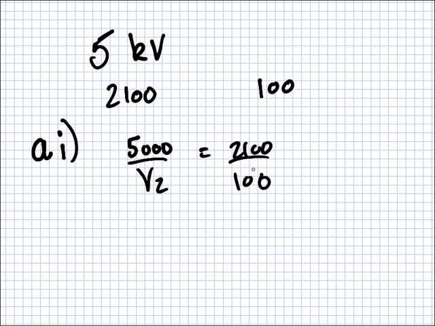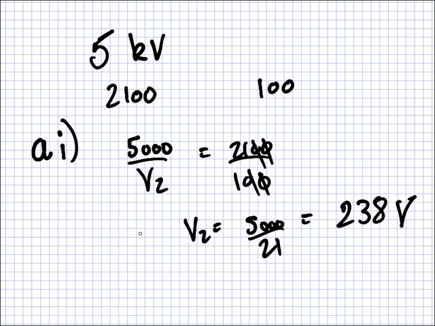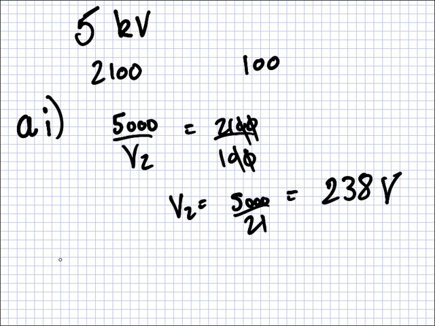The formula is V1 over V2 equals N1 over N2. Cancel, cancel, so V2 is going to be 5,000 over 21, which is 238 volts.